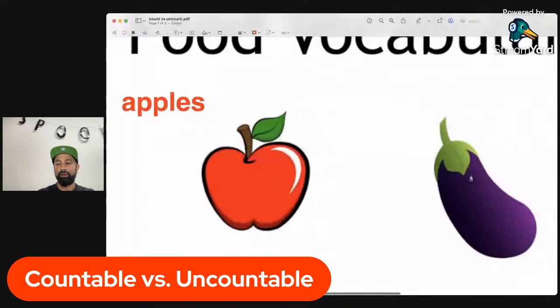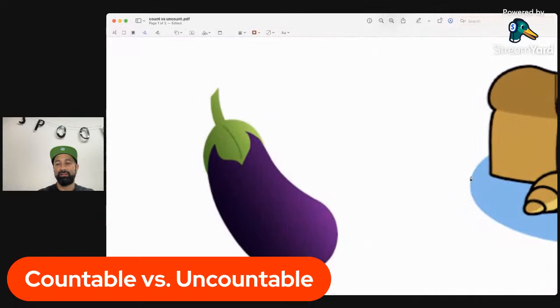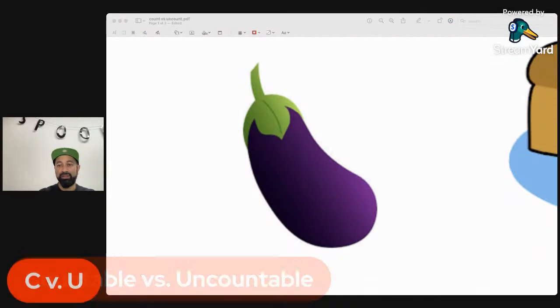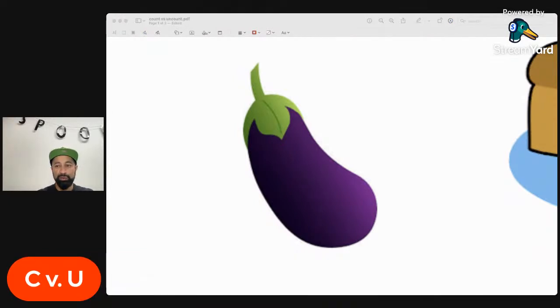Okay, let's go to the next one. What is it? And is it countable or is it uncountable? Just put C or U into the comment section.